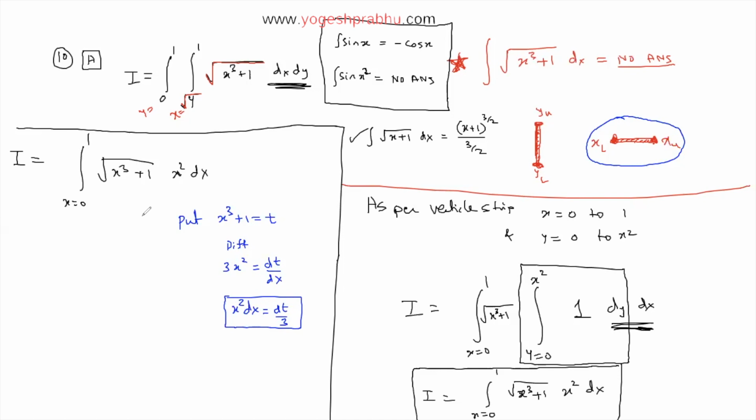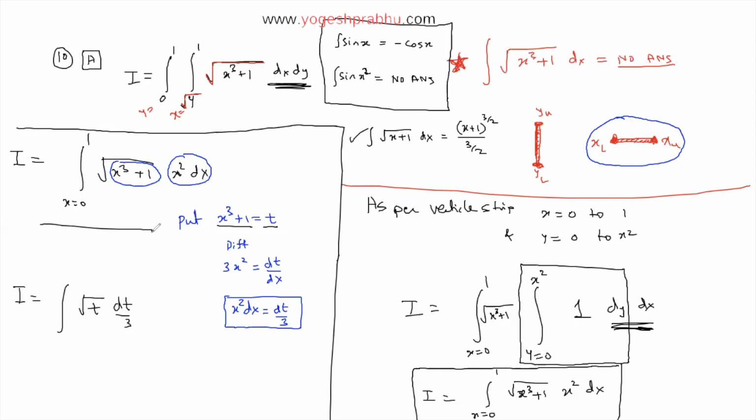So we will write dt over 3 for this, and write t for x cube plus 1. Let's quickly finish it now. I equals integral, this will become square root of t, and this will become dt over 3. Is it correct?